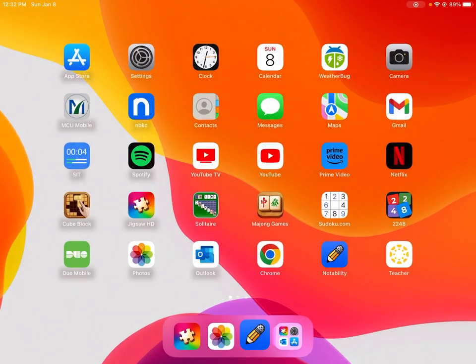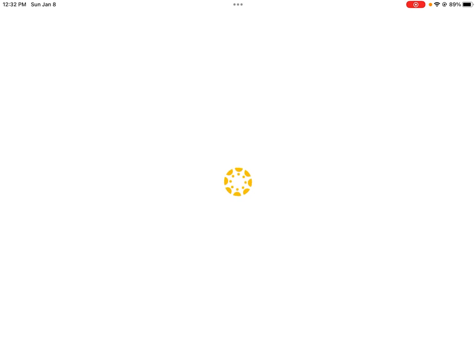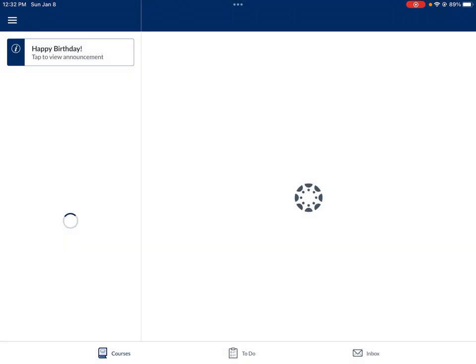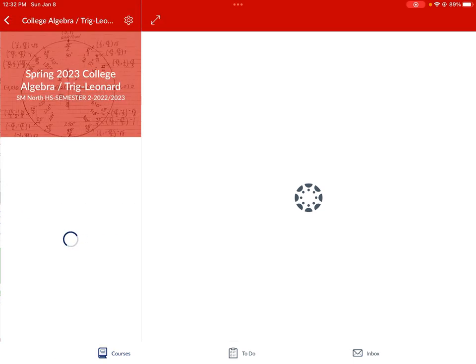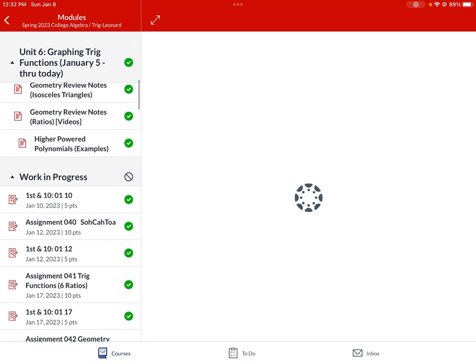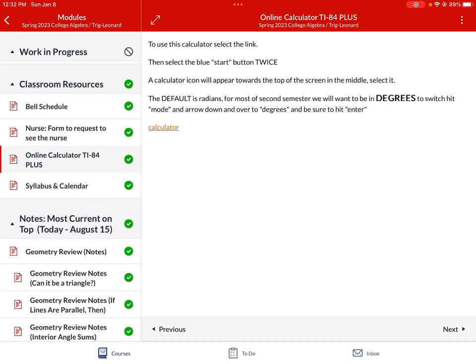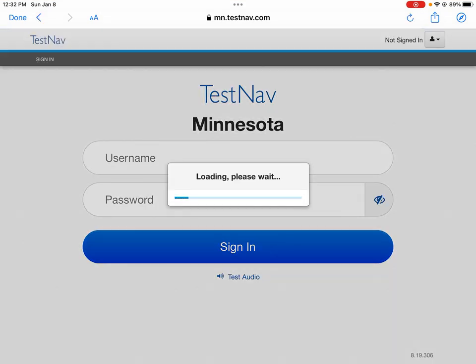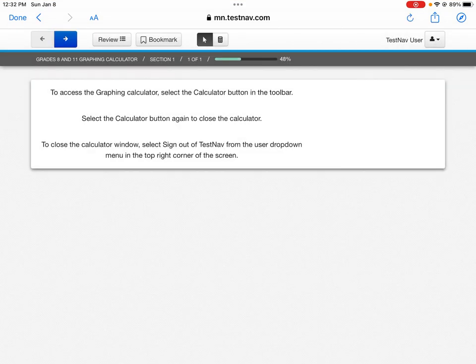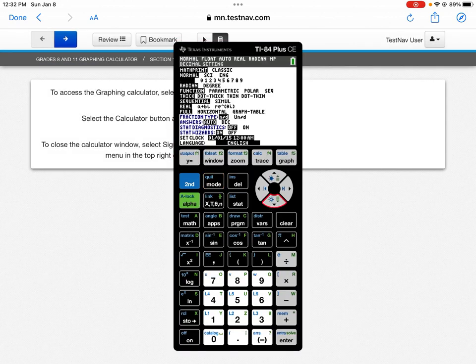So if I go to my calculator, this is in your Canvas if you don't want to have a physical one on your desk or in your hand. And it is in Classroom Resources. And you hit start and a little calculator button. Your calculator needs to be in mode degrees. So make sure you are in degrees.